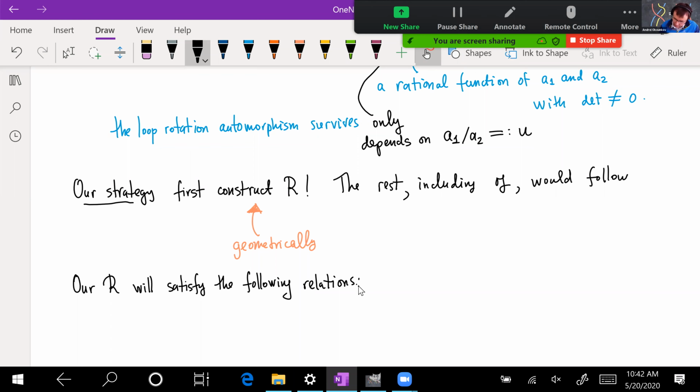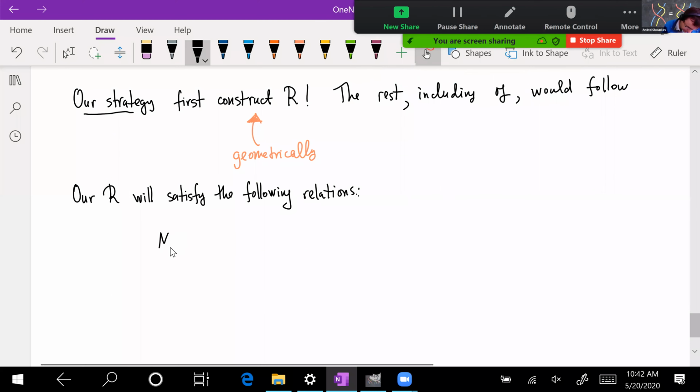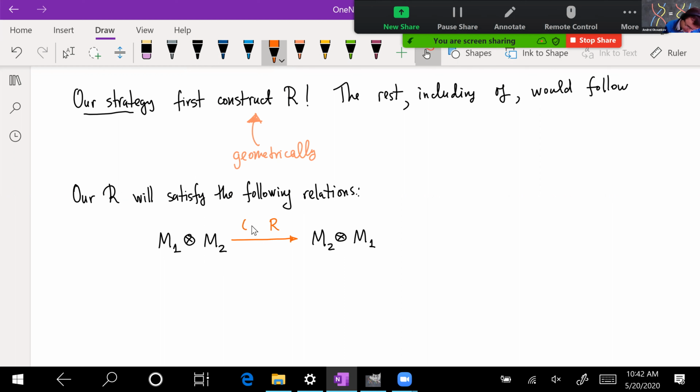So the first relation is called unitarity. If I have two modules, I'll just write them, let me drop the argument. If I'm looking for the intertwiner between this and this, then the way to have this intertwiner is to first apply the R matrix and then transmute the factors.